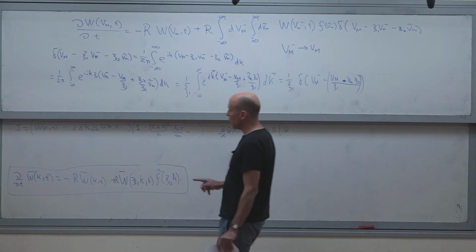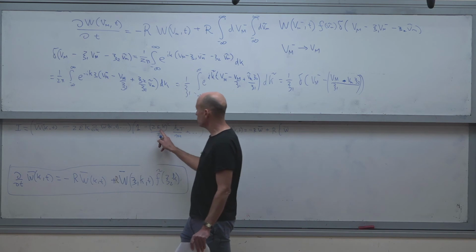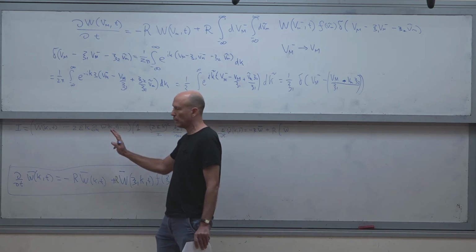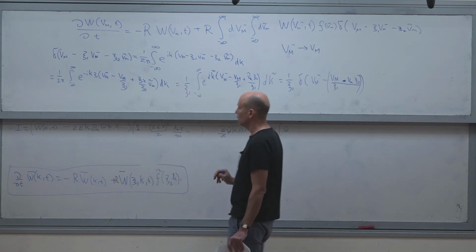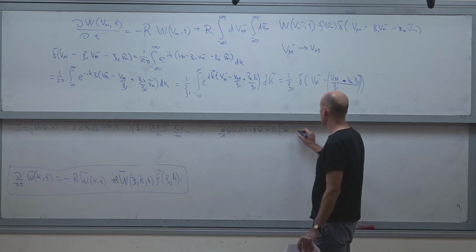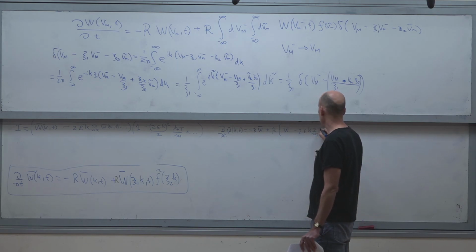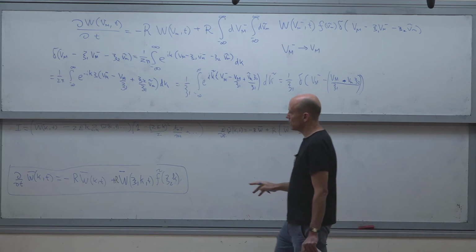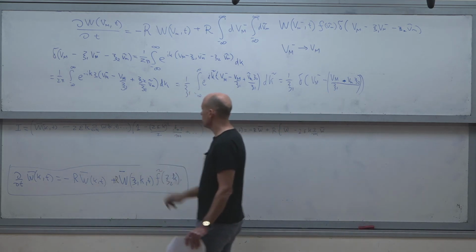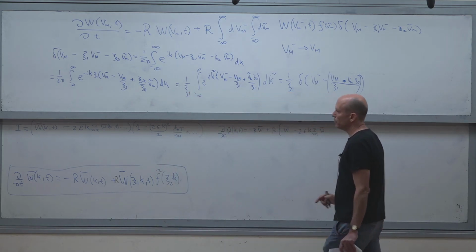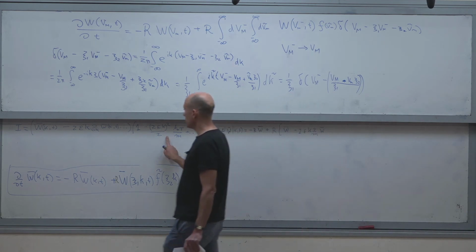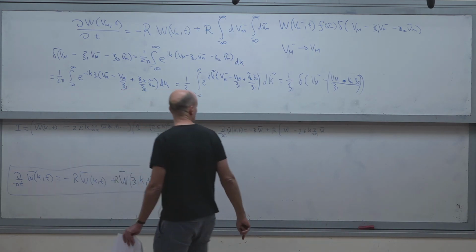But of course, when you have epsilon times epsilon squared, then this I'm going to neglect, because I also neglected it here. So then I have minus 2 epsilon k d over dk w. This is just this guy times this guy. And then I have this guy times this w.